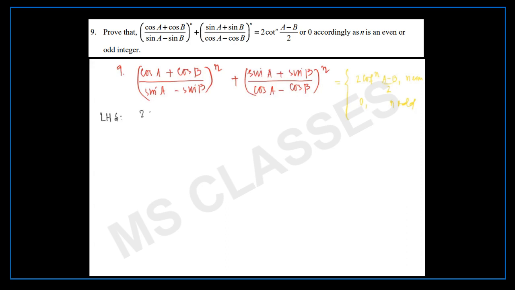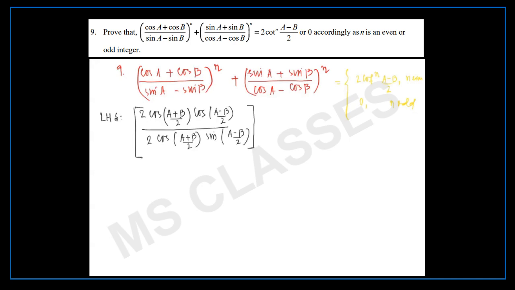The first one is 2 cos A plus B by 2 into cos A minus B by 2, whole divided by 2 cos A plus B by 2 into sin A minus B by 2. All of you know the formula. So here just apply the formula. Cos C plus cos D is 2 cos C plus D by 2 into cos C minus D by 2. Sin C minus sin D is 2 sin C plus D by 2 into sin C minus D by 2.